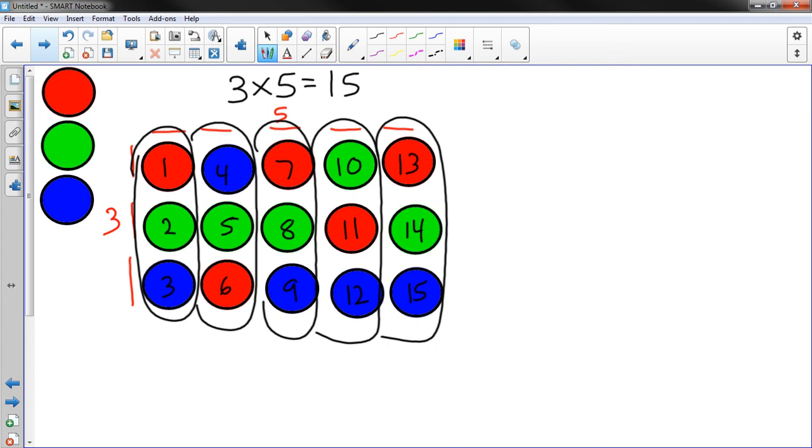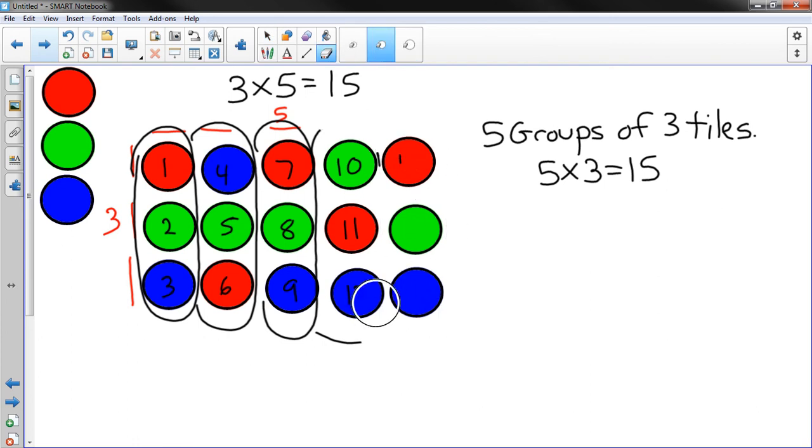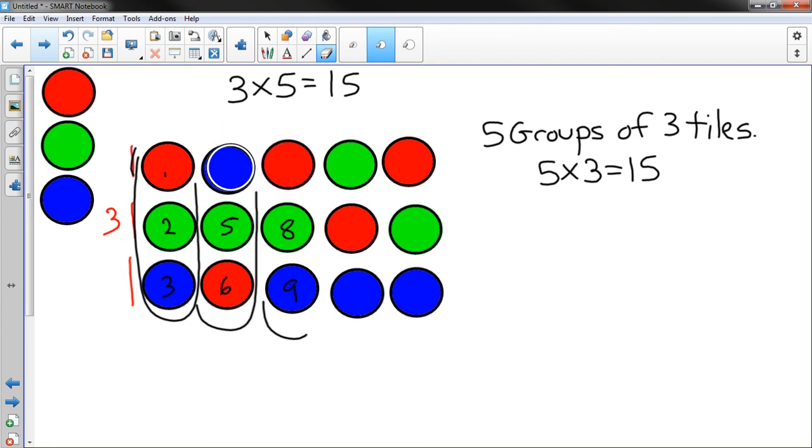So I'd have 5 groups of 3 tiles. You could say that's 5 times 3 is equal to 15. Or you could totally think of the numbers in different order. You should get the same answer, right?